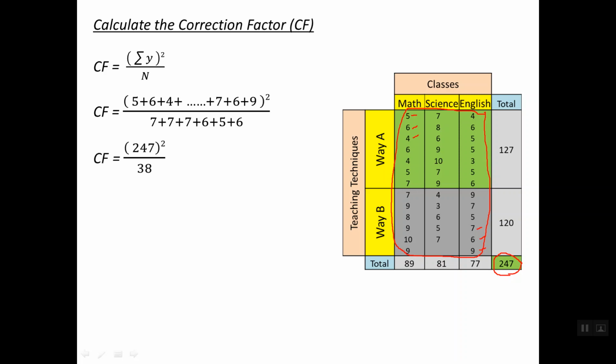So if you proceed, the correction factor is simply equal to 147 squared, divided by 38. So simply the value for the correction factor is 1605.5. The correction factor is needed to calculate all of the SS for all the variables.